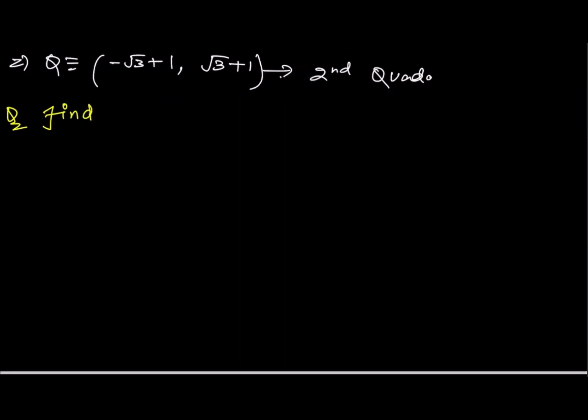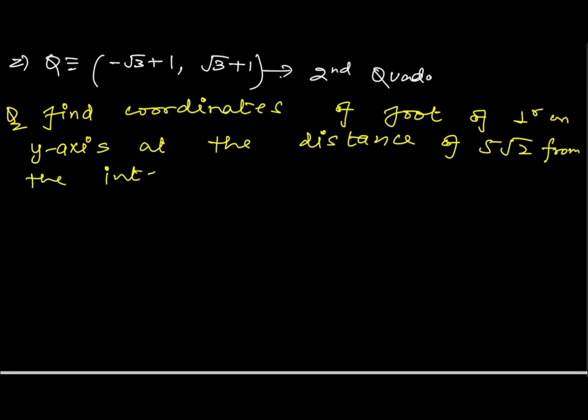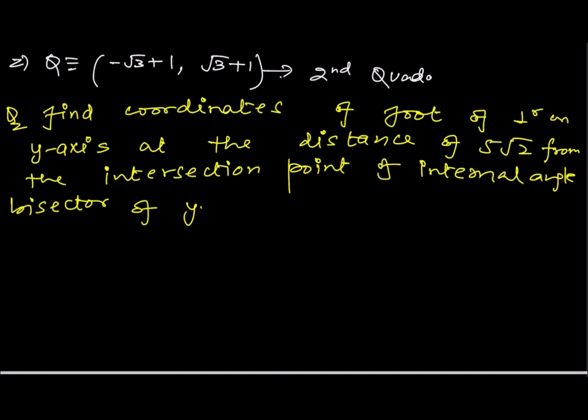Find coordinates of foot of perpendicular on y-axis at the distance of 5 root 2 from the intersection point of internal angle bisector of y is equal to mod of x minus 2.